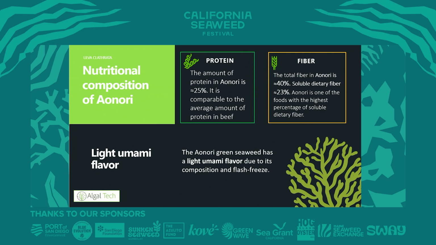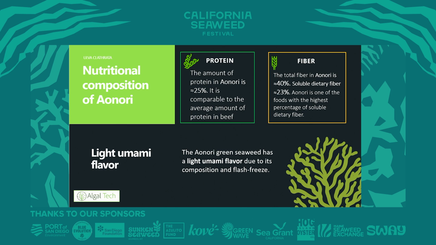Ulva clathrata has a very rich composition. It's a package of nutrients. It has about 24% protein, and the amino acids that compose this protein are almost all what humans need. It's very close to meat. Okay? It also has about 40% total fiber, and about 23% of the total fiber is soluble fiber, or fiber that can be used as a prebiotic.